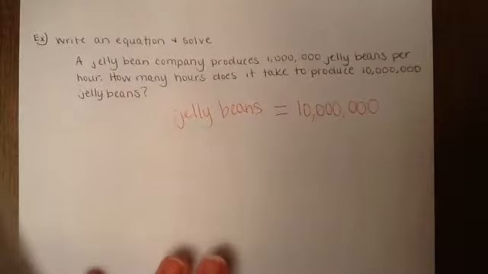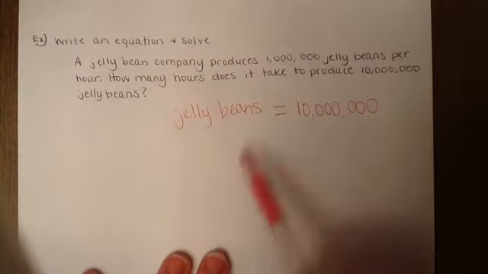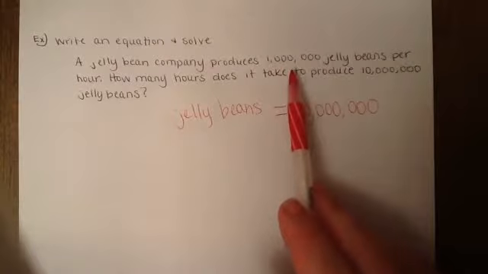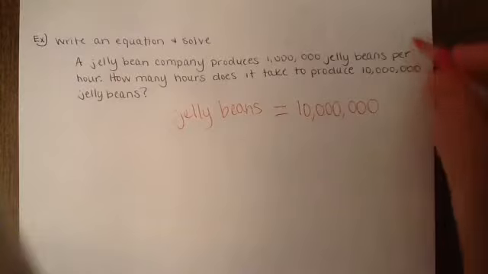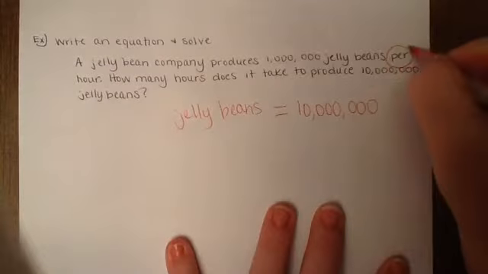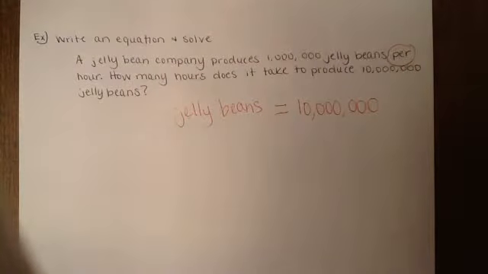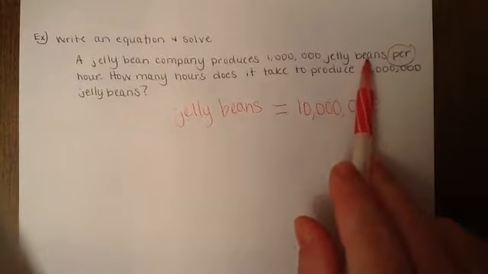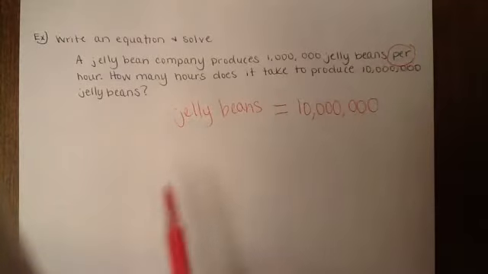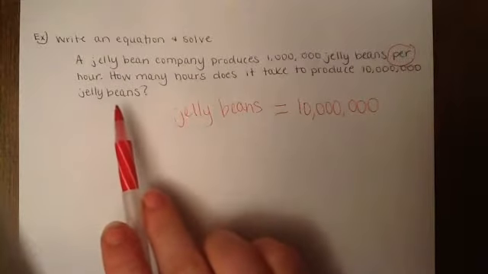What's happening with our jelly beans? We're getting 1 million per hour. This word "per" can be used for multiply or division depending on what the problem is. So we are taking 1 million jelly beans each hour. So what operation do I need to have here with my jelly beans? Times.